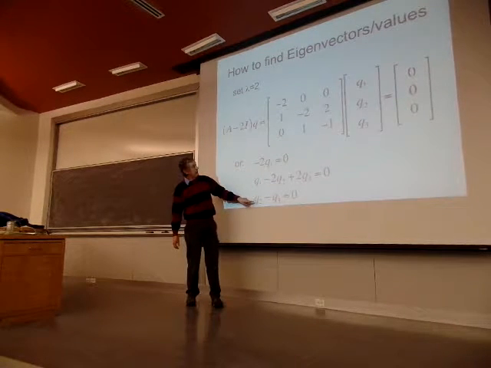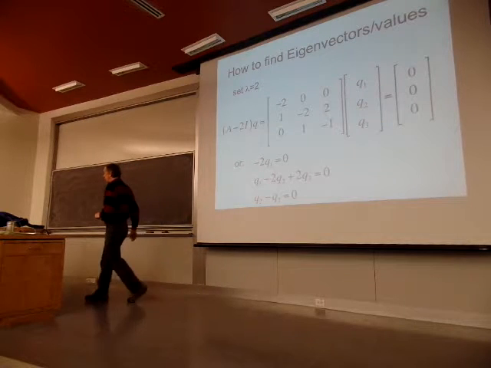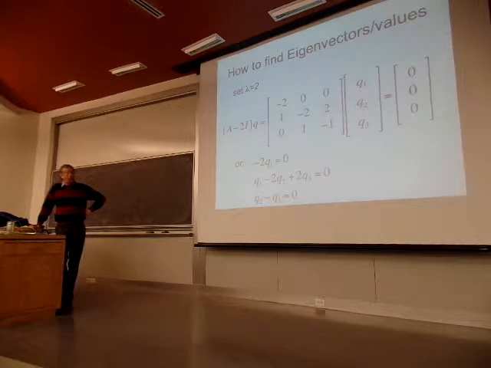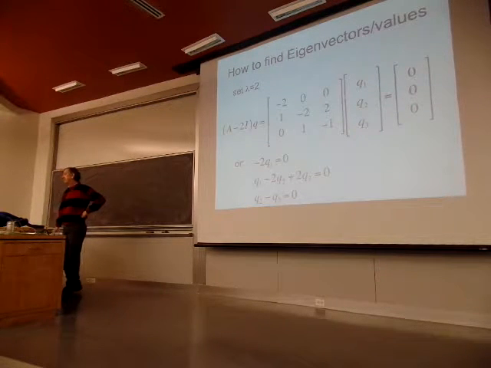And then the last one is Q2 minus Q3 must be 0. So all three of those have to hold. But what happens? Yeah, they're not independent. They'll be 0, but I have an infinite number of values of Q that will make those equal 0, because I do not have an independent set of equations here. So what do you do?